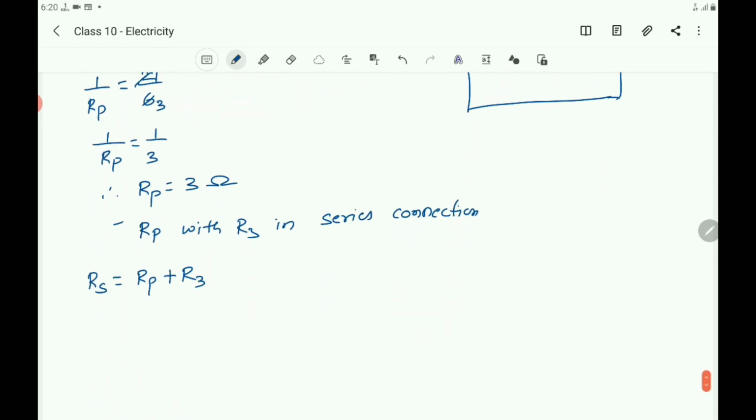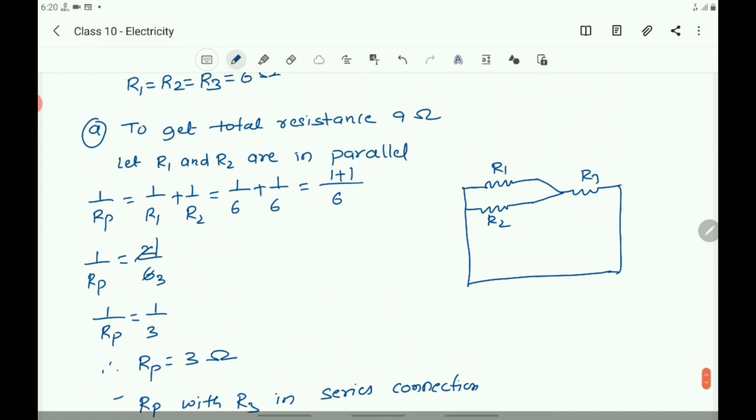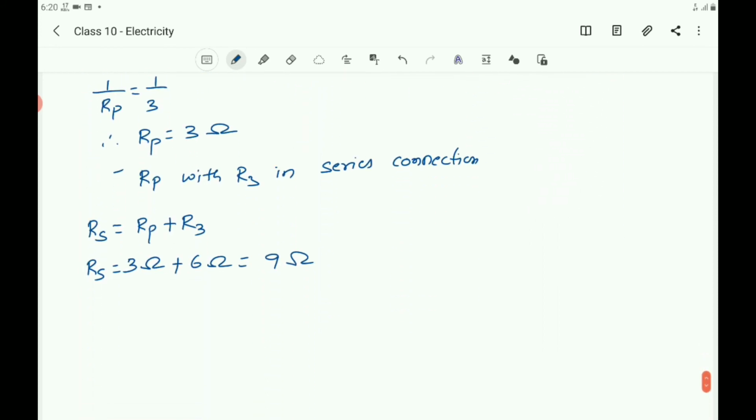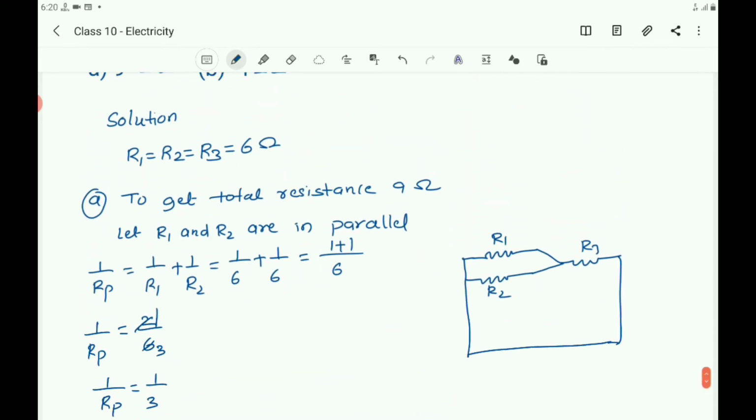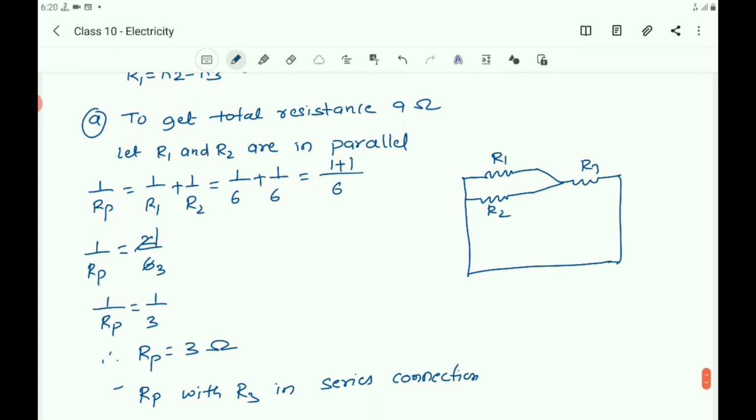Rs equals Rp, which is 3 ohm, plus R3, which is 6 ohm. Totally you will get 9 ohm. So to get total resistance of 9 ohm, we connect R1 and R2 in parallel combination, and this parallel combination is in series with R3.